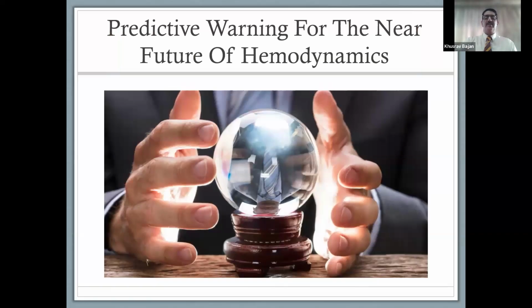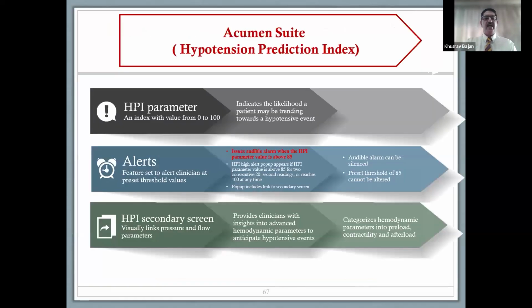Now coming to, is there any prediction that I can do, a crystal ball that, oh, this patient in the next 10 minutes is going to crash in front of you? This technology has started in the intraoperative phase. And here, these are called the Acumen suite or the hypotension prediction index. Anything more than 85 would predict that there is going to be a hypotensive event very soon.